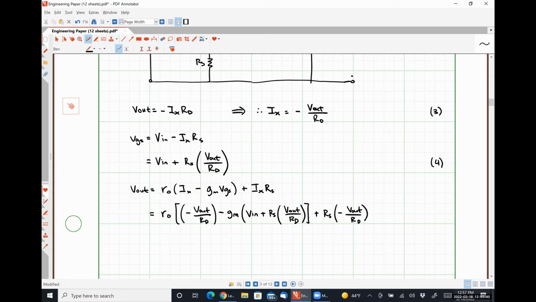Checking the signs on all of my substitutions here, I don't see anything that's jumping out at me.